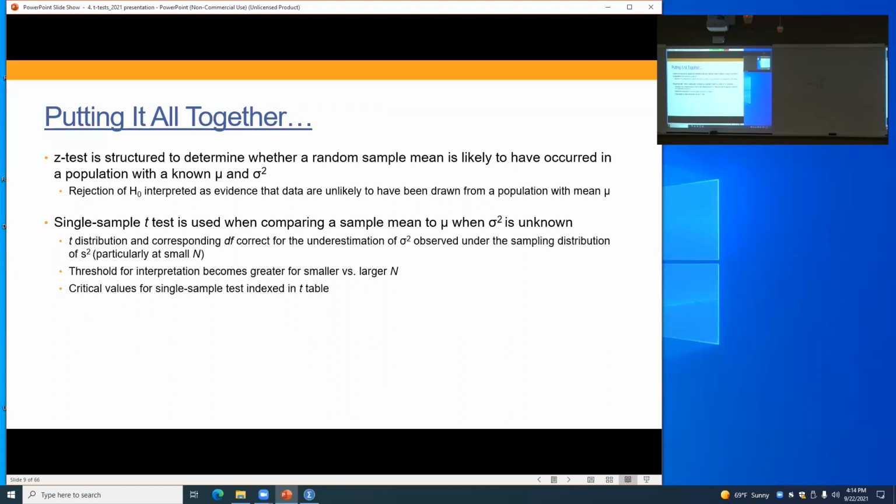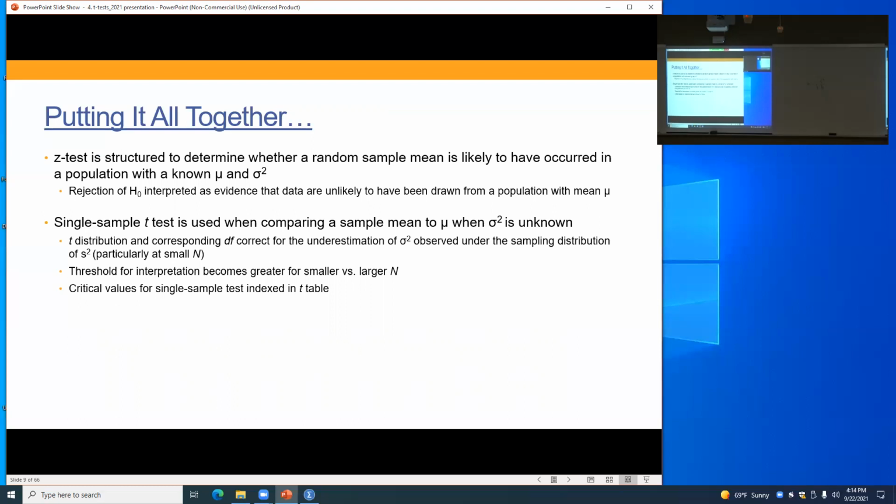Sample variance is an unbiased estimate in that its mean is equal to the population variance, but any individual sample, because the distribution is skewed, is going to fall too low, which means any individual sample will underestimate. So we need to use our T distribution, which is a family of statistical distributions for T that change depending on our degrees of freedom, right?